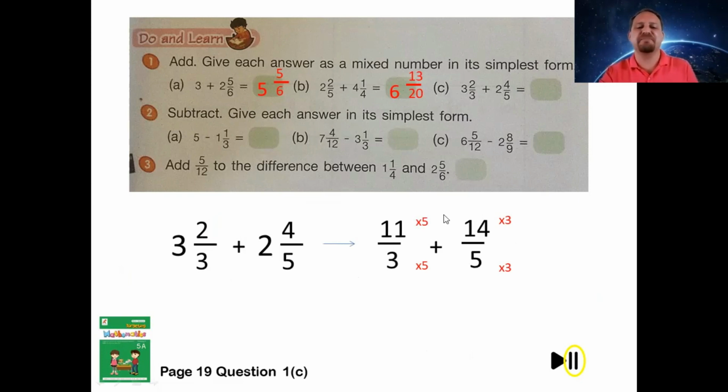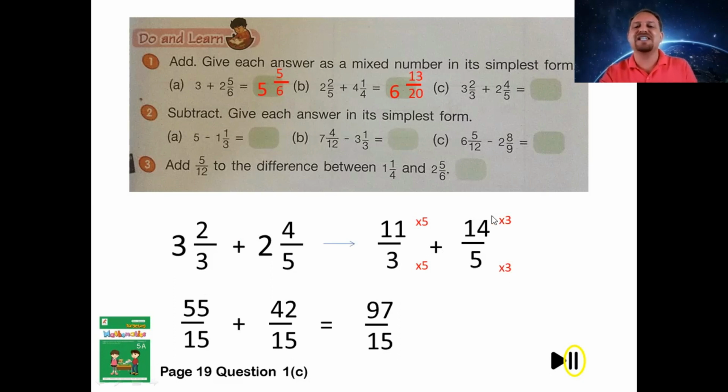3 times 3 plus 2 gives us 11 over 3. 2 times 5 plus 4 gives us 14 over 5. Now we have 11 over 3 plus 14 over 5. We must find a common multiple between 3 and 5, which again is 15. So if you look at the bottom now, we did 11 times 5 gives us 55 over 15.